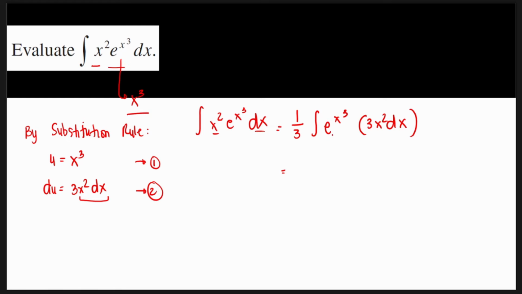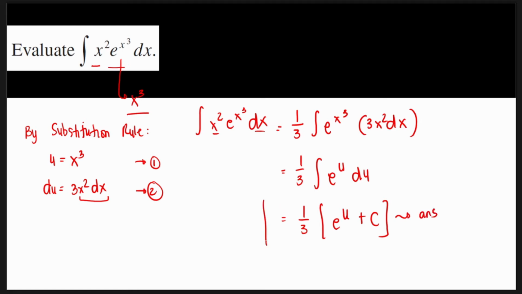Now we substitute the value of u, which gives the integral of e to the u du. From the integration formula, we know that it is equal to e to the u plus c. So that is our answer. Or if you are hesitant about the constant, it is just 1/3 of e to the u plus c. It is just equal.